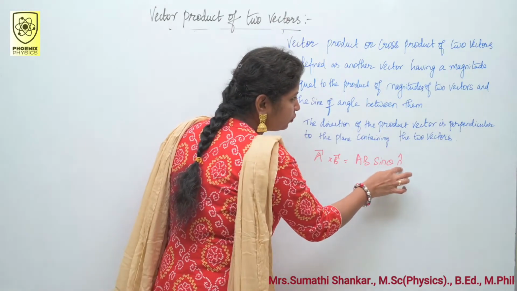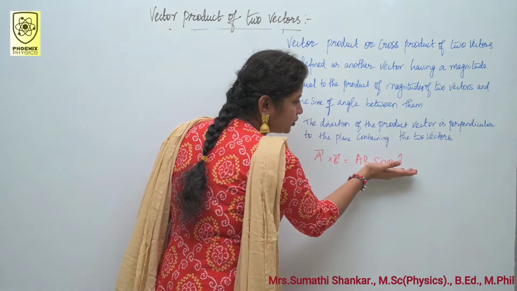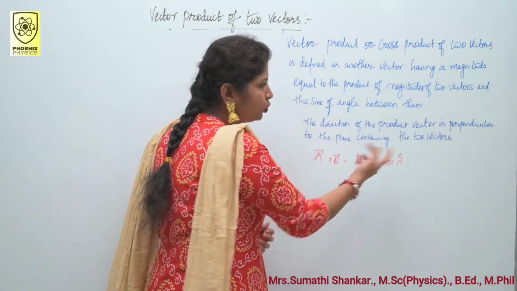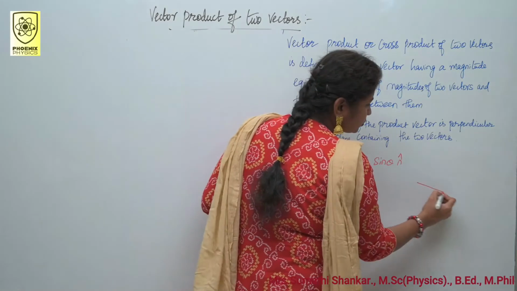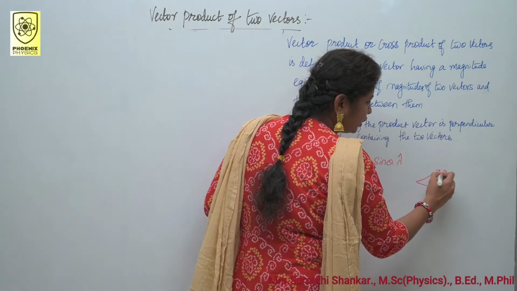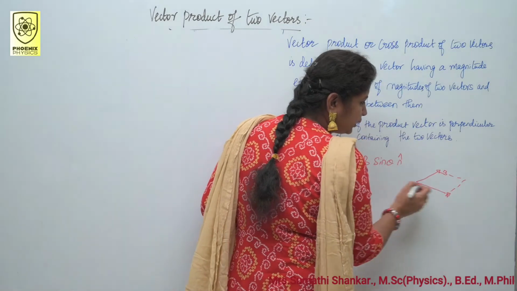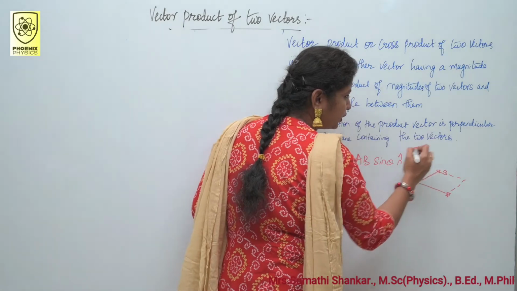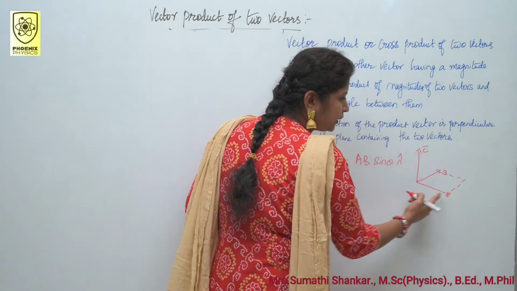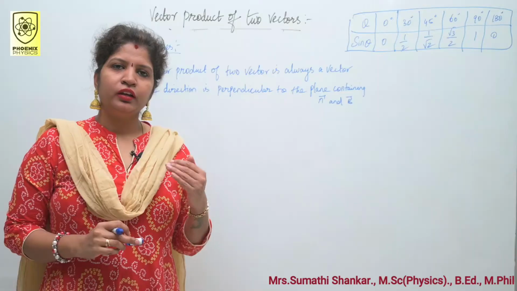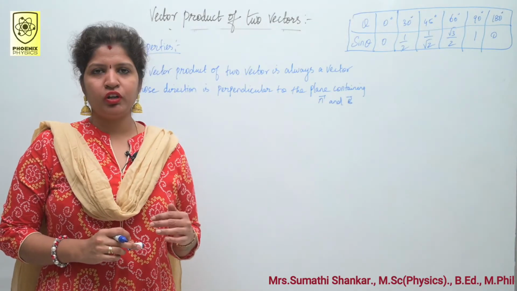The direction of the product vector is perpendicular to the plane containing the two vectors. So this is my A vector and this is my B vector. Both the vectors are in a plane. Now C vector is perpendicular to the plane containing A and B vector. Up to this clear? Next we will see the properties.